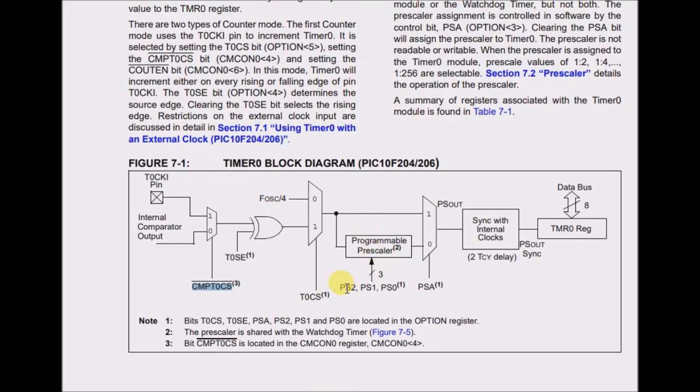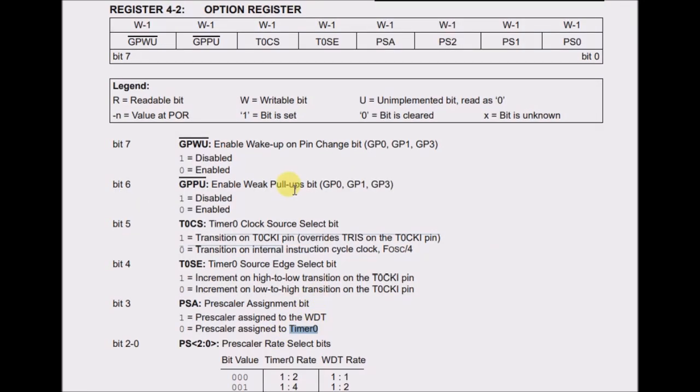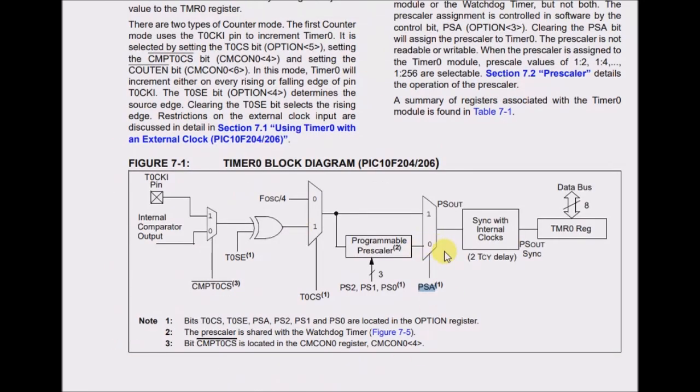Programmable prescaler selected using those 3 bits in the option register. Prescaler assignment. So what were the choices? WDT or Timer0. So the prescaler assignment, I guess, deals with that. Sync with internal clocks. Okay, so that would be one choice.